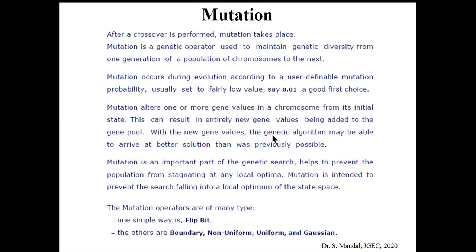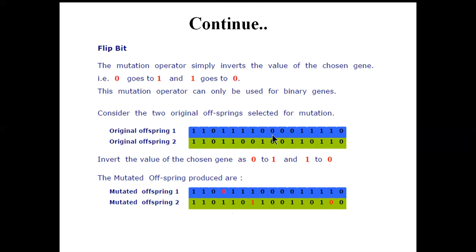Here are the different kinds of mutation operators. The first one is flip bit, and the others are boundary, non-uniform, uniform, and Gaussian. Flip bit is very widely used. Let's see what flip bit is.